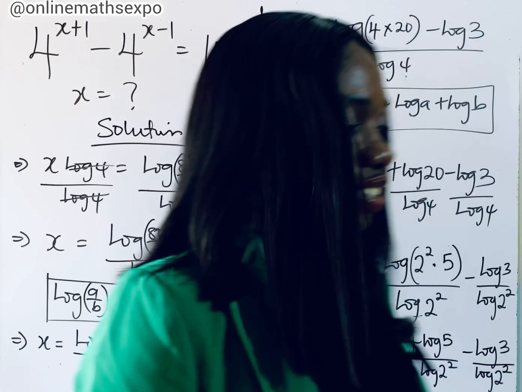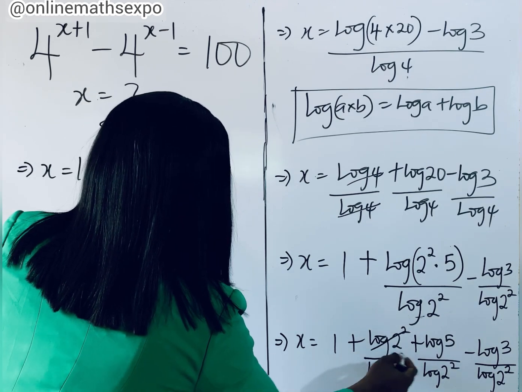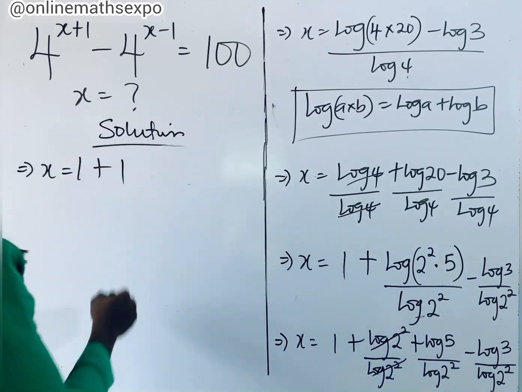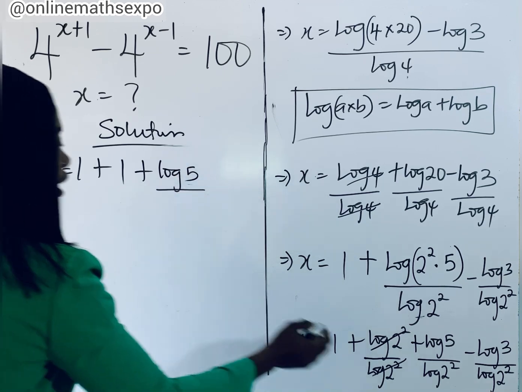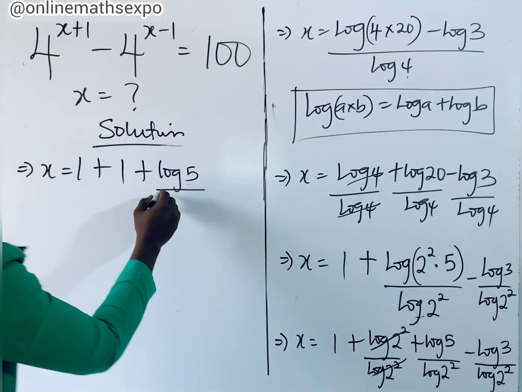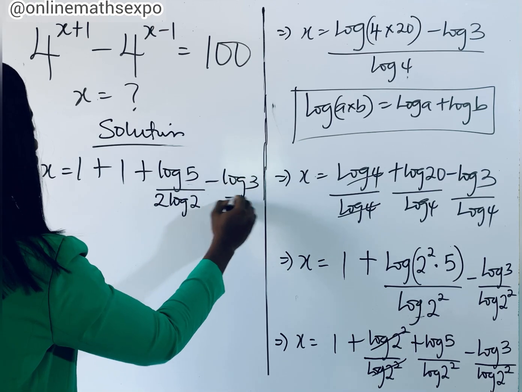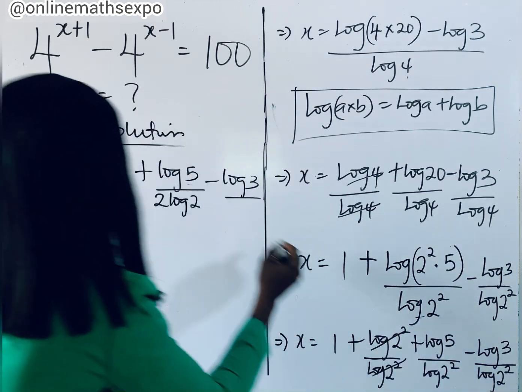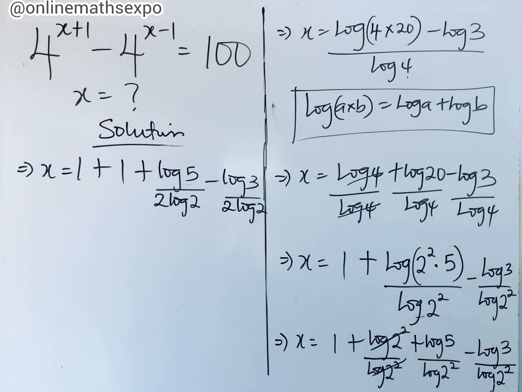Simplifying further, x is equal to 1 plus, you see these two are the same, so they cancel to be 1, plus log of 5 divided by, this power multiplies the log, so we have 2 log 2, minus log 3 divided by 2 log 2. Interesting.